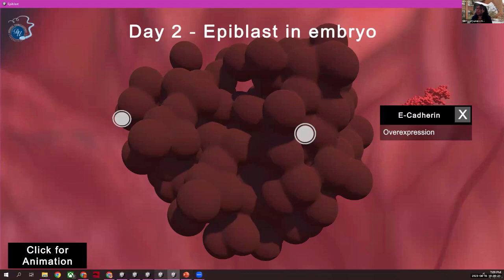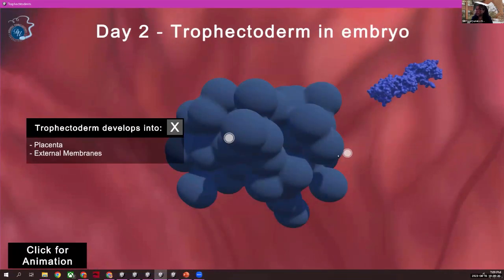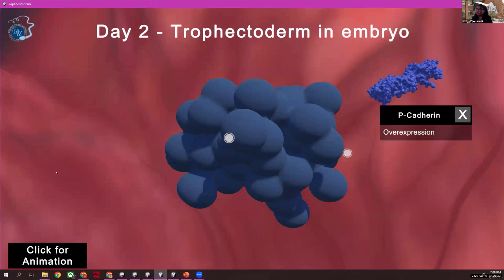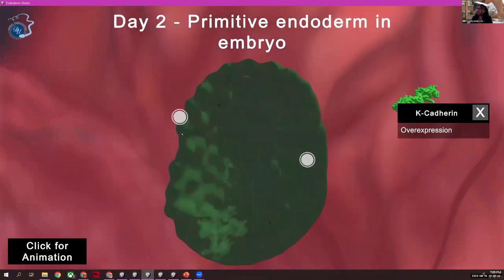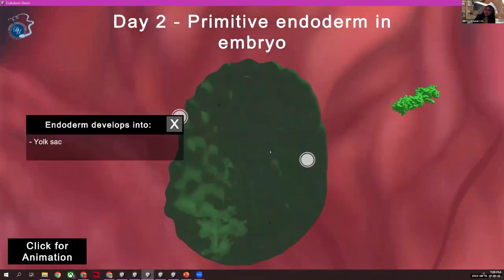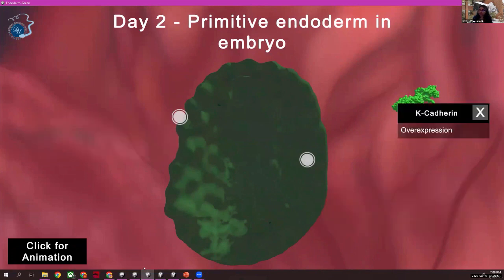This is the epiblast model. This one is trophectoderm. Same goes for that. I have all of these. Then we have the endoderm, zoom in, zoom out, develops into yolk sac, and the protein that's overexpressed.